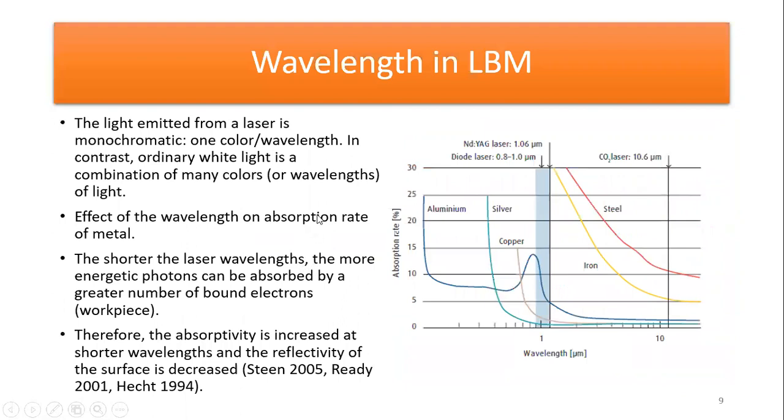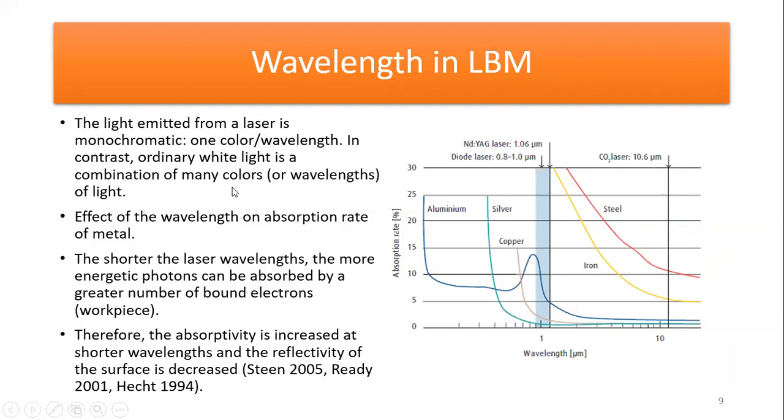This shows the importance of wavelength in laser beam machining. The light emitted from the laser is monochromatic, one color and one wavelength, right? In contrast, ordinary light is a combination of many colors and wavelengths.